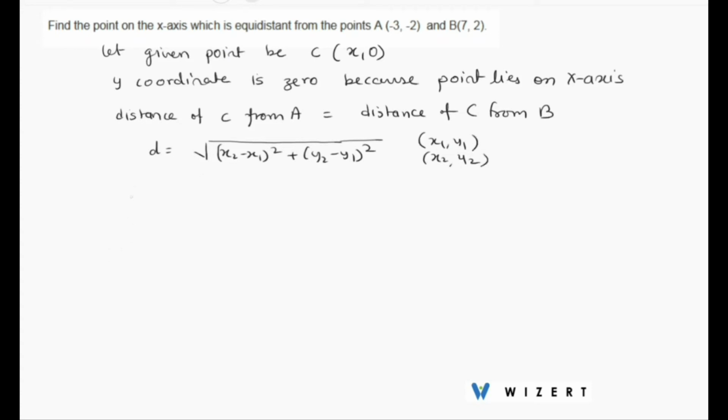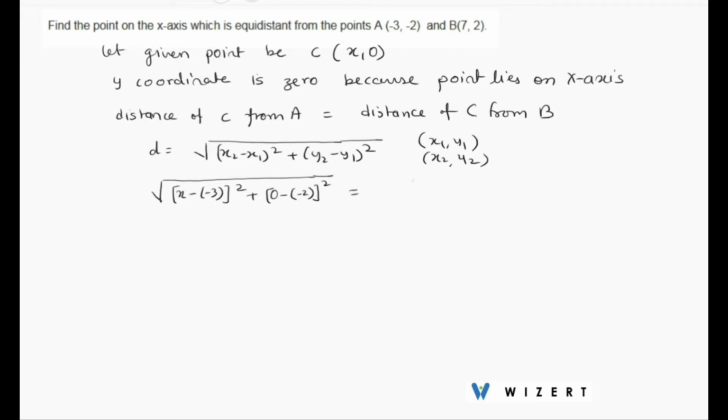To find the distance of C from A, we have under root of x2, let's take x2 as C, that is x, so (x minus of minus 3) whole square plus y2 is 0, so (0 minus of minus 2) whole square.